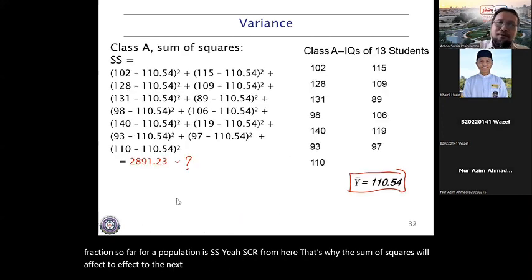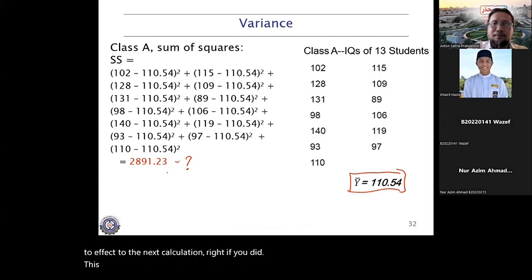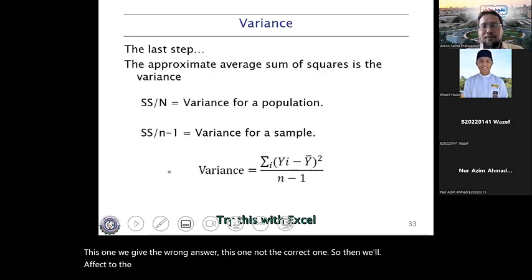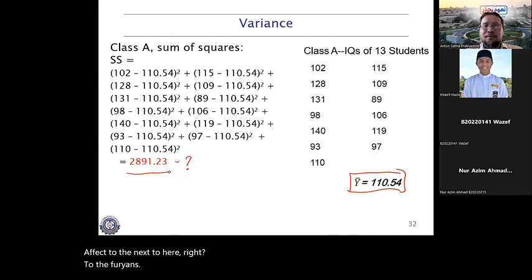If we did this one and gave the wrong answer, it is not the correct one, so it will affect the variance. That's why it's very important. So this calculation, SS, is very important because of the variance.